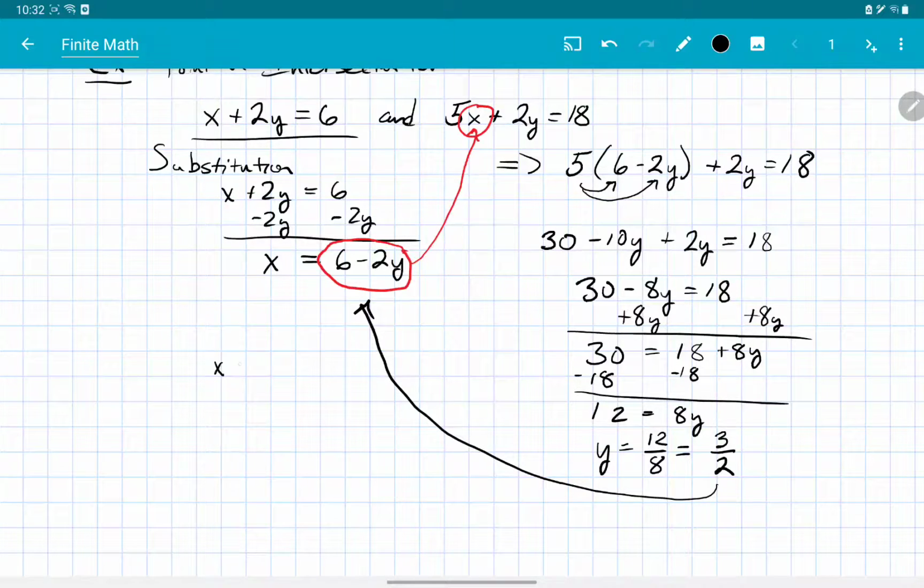So now x will be 6 minus 2 times 1.5, or 2 times 3/2. See, I've plugged in the y value that I found back into the other equation to figure out what x needs to be. Okay, by doing that, I get x equals 6 minus 3, so x is equal to 3. So the point of intersection is 3, 3/2.